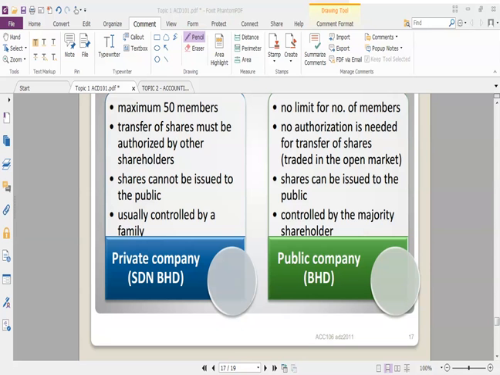What is the minimum capital required for starting a partnership business?